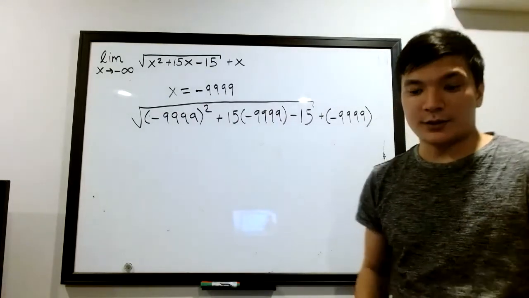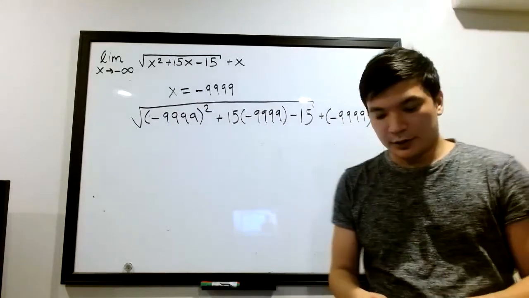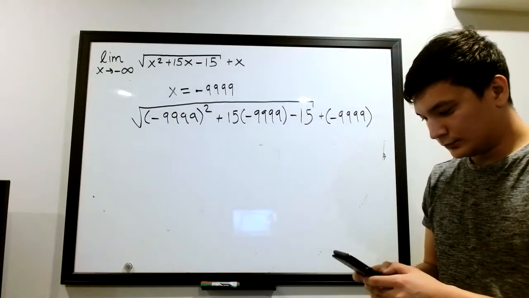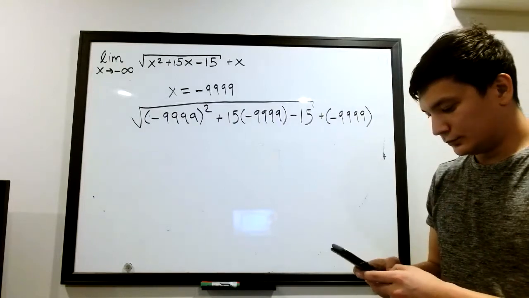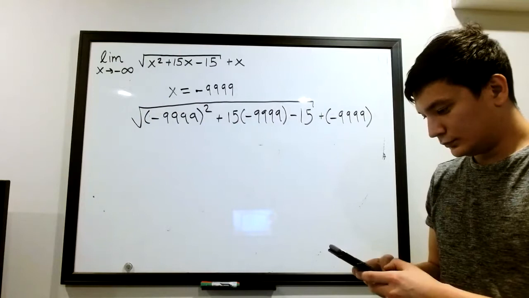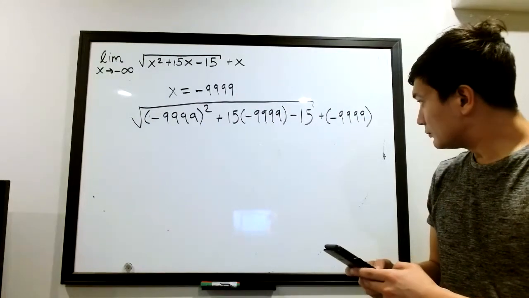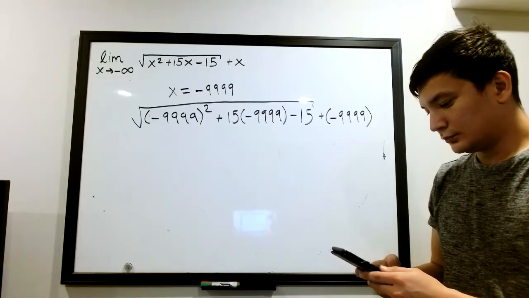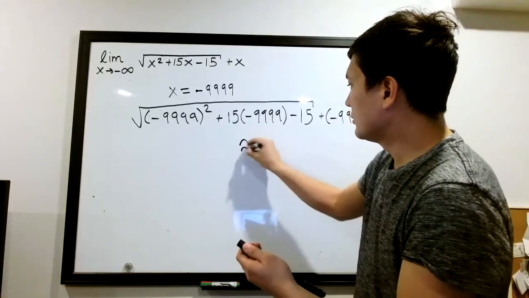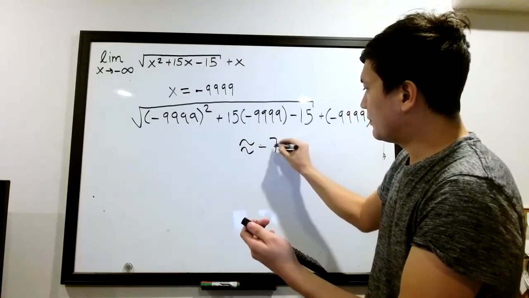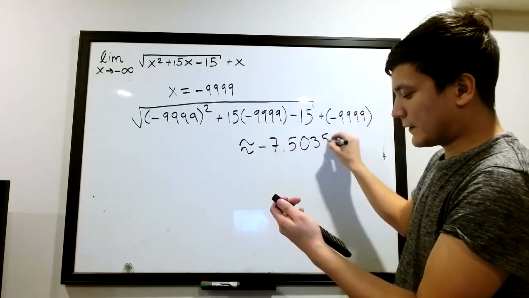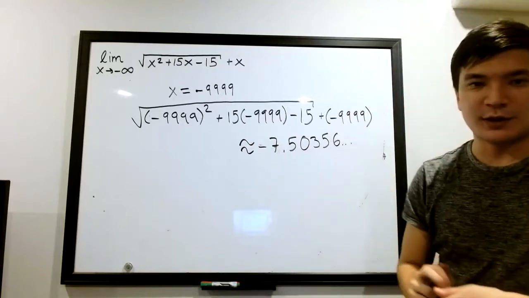Okay, we can plug this into a calculator and see what result we get. The answer we get is approximately negative 7.50356, and there are more digits that I'm ignoring.